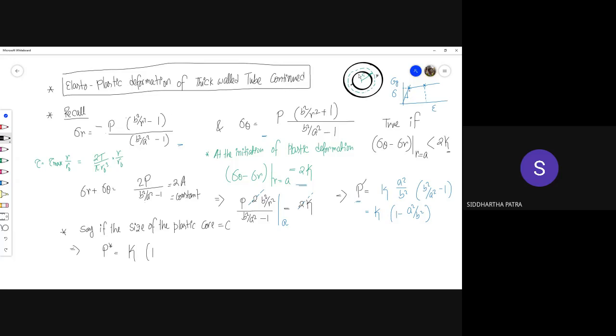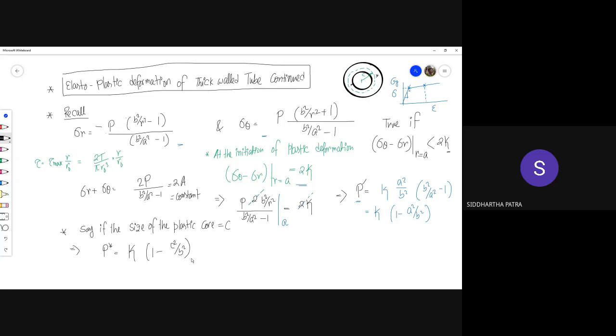Okay, and of course, as the pressure changes, that point also shifts towards the circumference. That means that C gradually increases to the circumference. So this is the expression for the pressure at C.